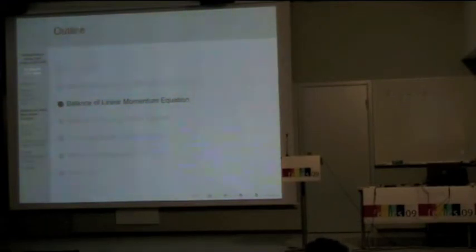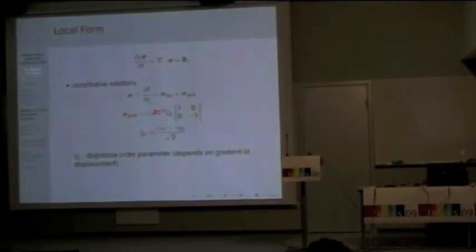We have then the balance of linear momentum equation, whose local form looks like that, and those are the constitutive equations, once again flowing from thermodynamical considerations. Particular attention should be given to the gradient part of the stress tensor, which looks like that.